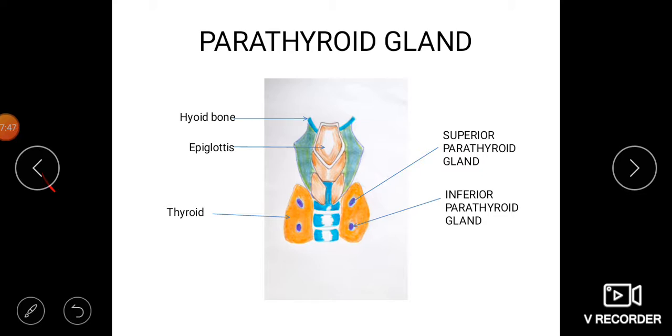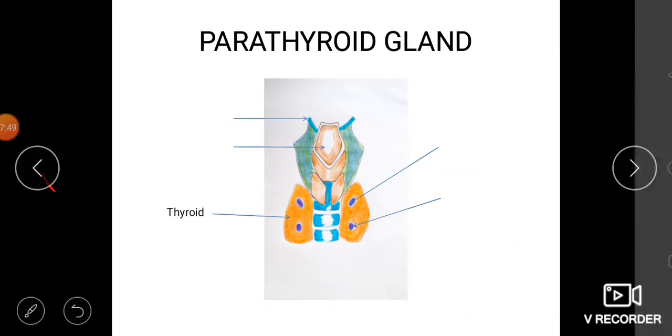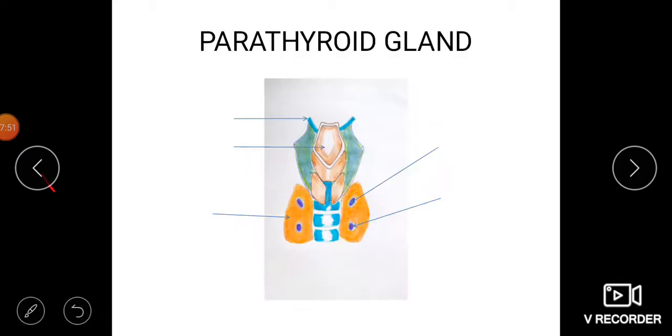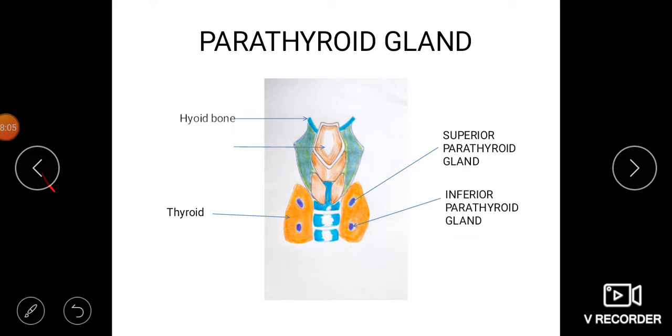These are the main labels to be made here.